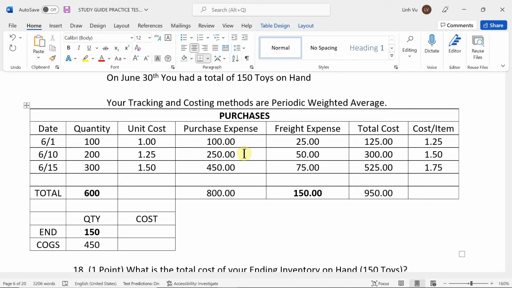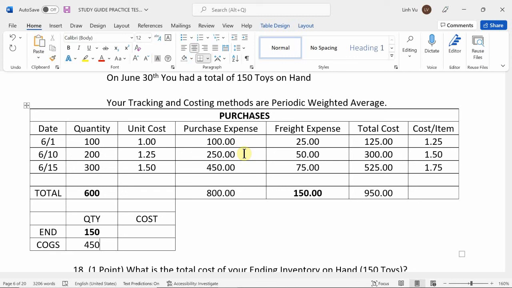Correct, but in this case, I'm doing periodic inventory. I can just do that at the very end. Oh, that's true. I keep forgetting we can do it that way. Yes, you can. So in this case, I have a total of 600 units, because that's how much I purchased in grand total.